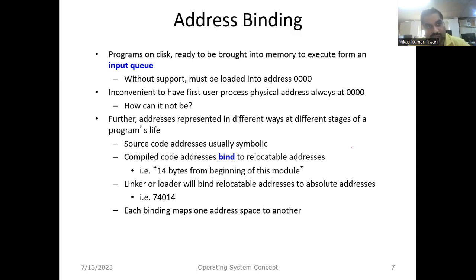We have to link those functions with our program. Then after linking, the loader will load these functions for our program. After loading, we will generate the absolute address where we have to go. So this is all about linker, loader, relocatable address, and absolute address.